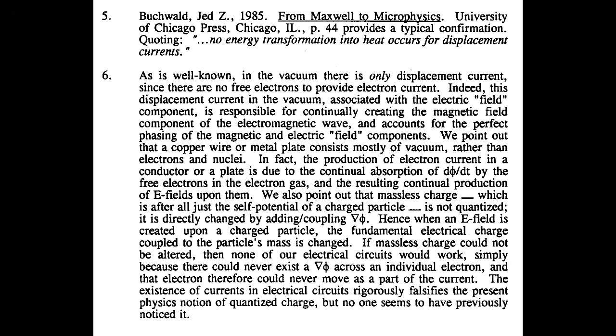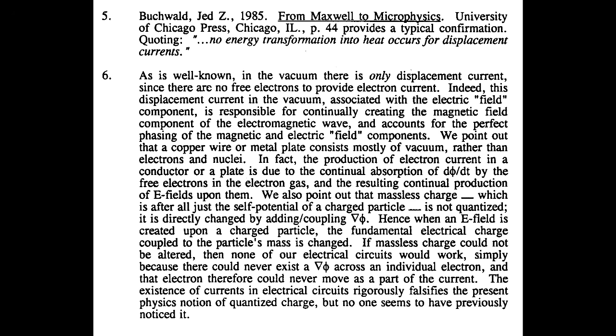We also point out that massless charge, which is after all just the self-potential of a charged particle, is not quantized. It is directly changed by adding coupling delphi. Hence, when an E field is created upon a charged particle, the fundamental electrical charge coupled to the particle's mass is changed.